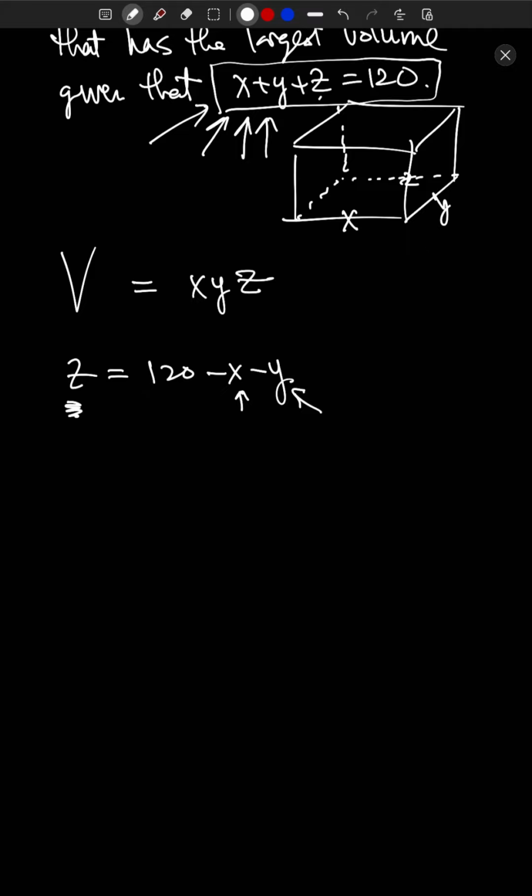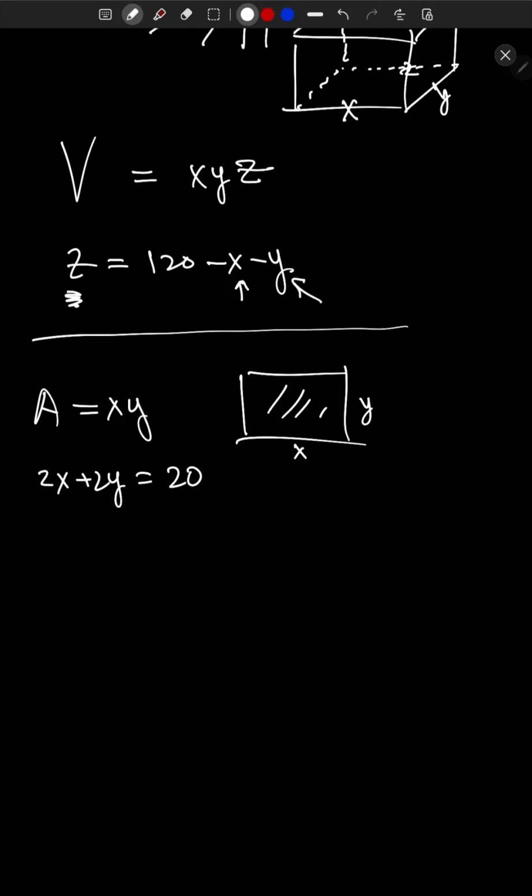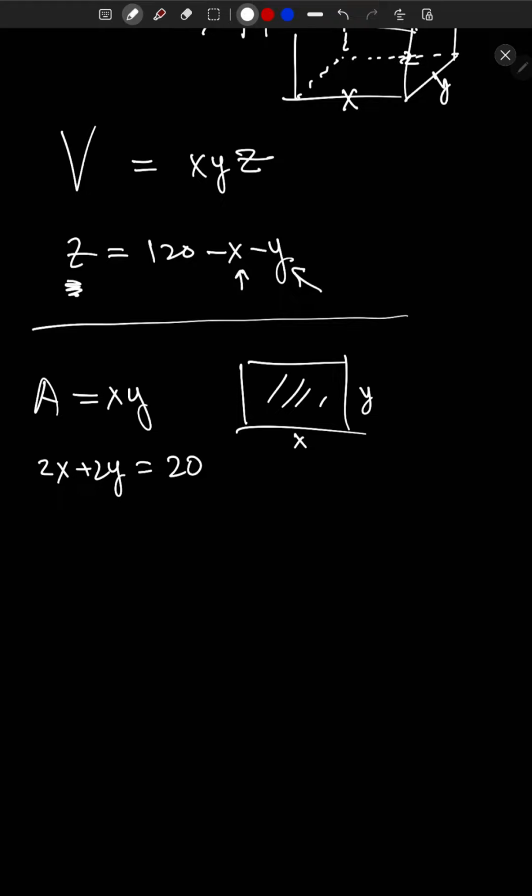Now, before we actually continue here, this is completely analogous to those problems in one variable calculus where you had a fence, x and y. You want to find the largest area, let's say x times y, and let's say there was a restriction on the perimeter, so 2x plus 2y was equal to, let's say, 20. So what did you do there? You did exactly the same thing.